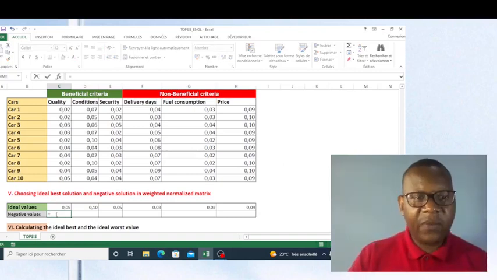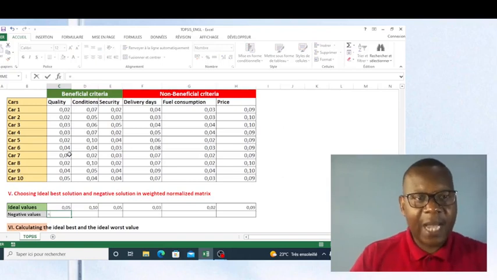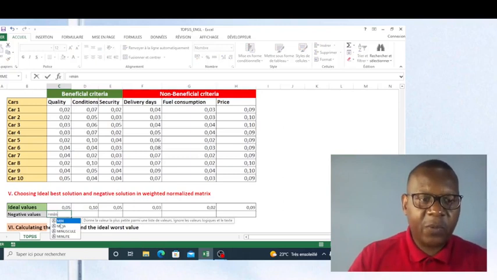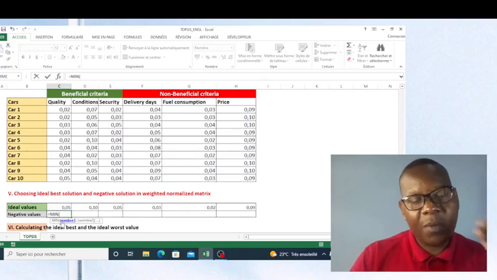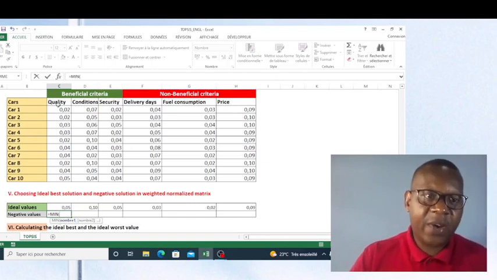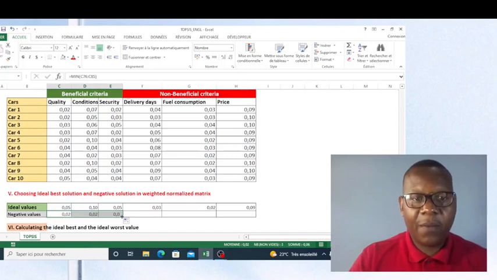Now, the negative value in beneficial criteria is the one which has the minimum value. Now I have to find the minimum value because we are in beneficial. We need the highest value, but the worst solution is the one which has the minimum value. I choose the minimum value, and I can copy this formula on beneficial criteria only.